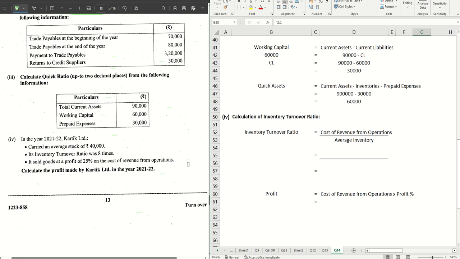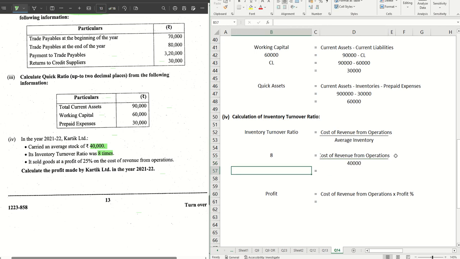We are given the inventory turnover ratio, which was 8 times. We have the average inventory given to us. So let's calculate the missing figure, which is the cost of revenue from operations from this formula. 8 is the inventory turnover ratio, cost of revenue from operations not given, and average inventory is given as 40,000.